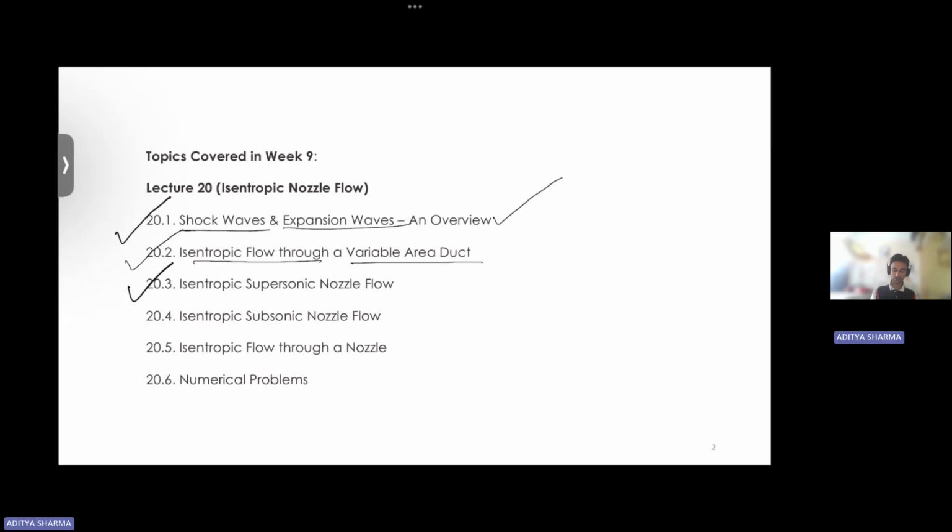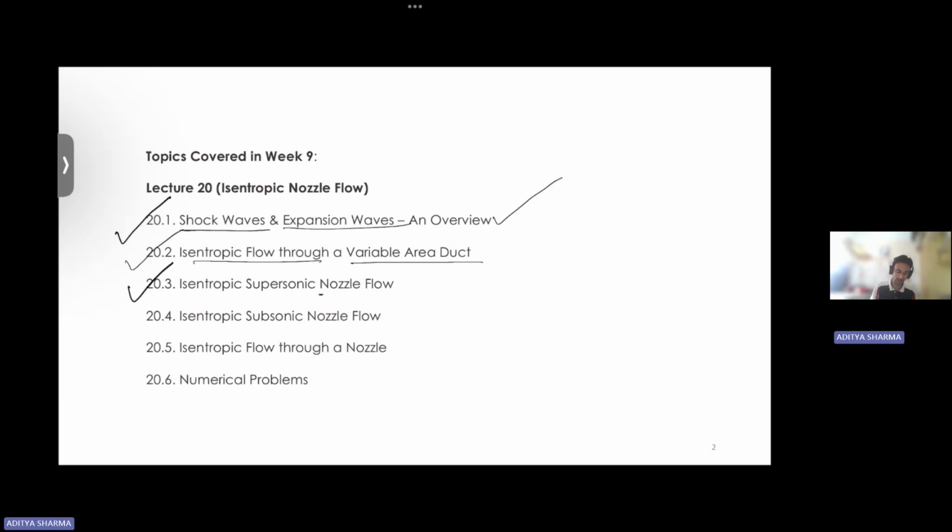If we are using the word nozzle here, it means that we want to accelerate our flow. Though the flow in hand is supersonic, still we want to accelerate it further, right? So this is the crux of this particular topic, right?